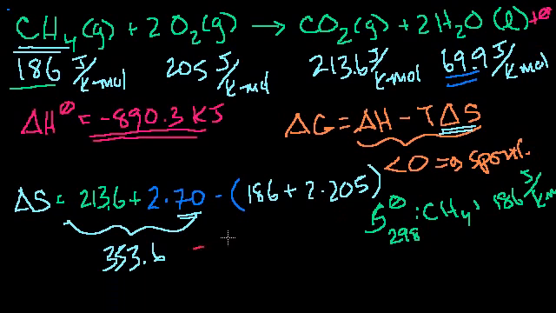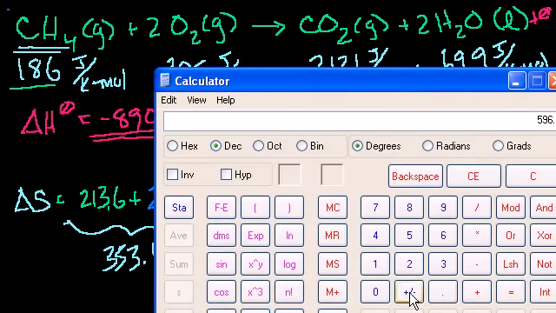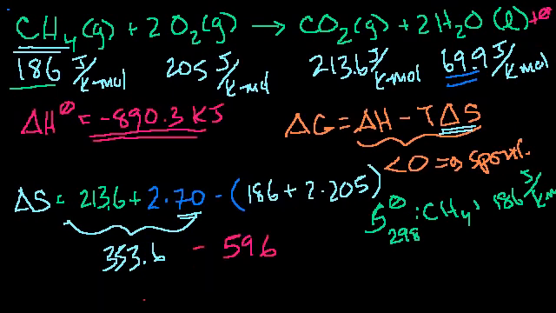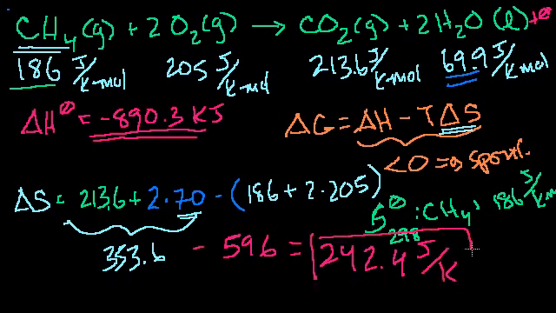So minus 596. And what is that equal to? We put the minus 596 and then plus the 353.6, and we have minus 242.4. So our delta S is equal to minus 242.4 joules per Kelvin.